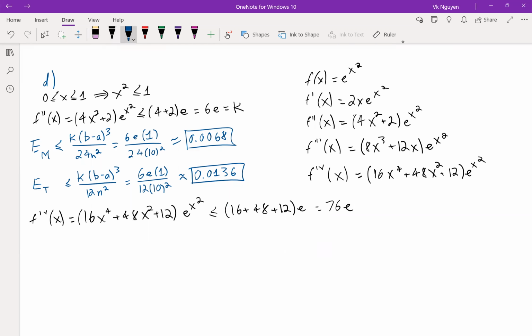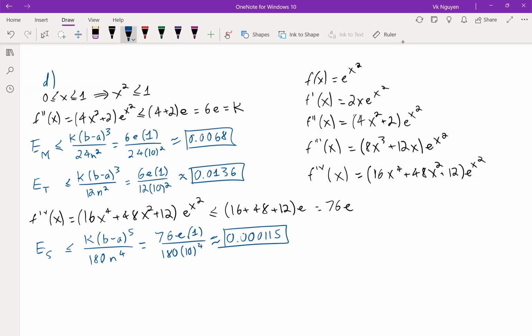Okay, so now the error using the Simpson rule is less than or equal to k times (b minus a) to the power 5 over 180n to the 4th. So that is 76e times 1 over 180 multiplied by 10 to the 4, and it's approximately 0.0001115.